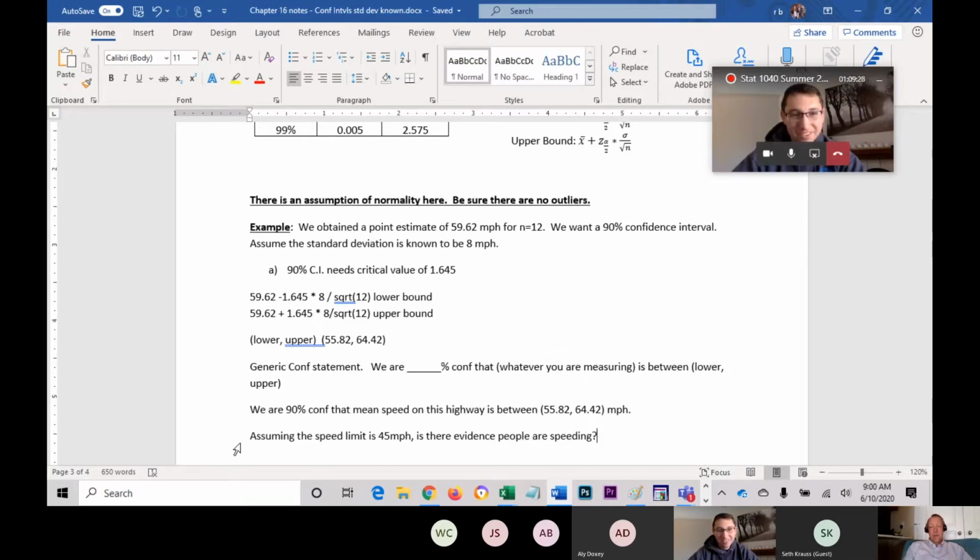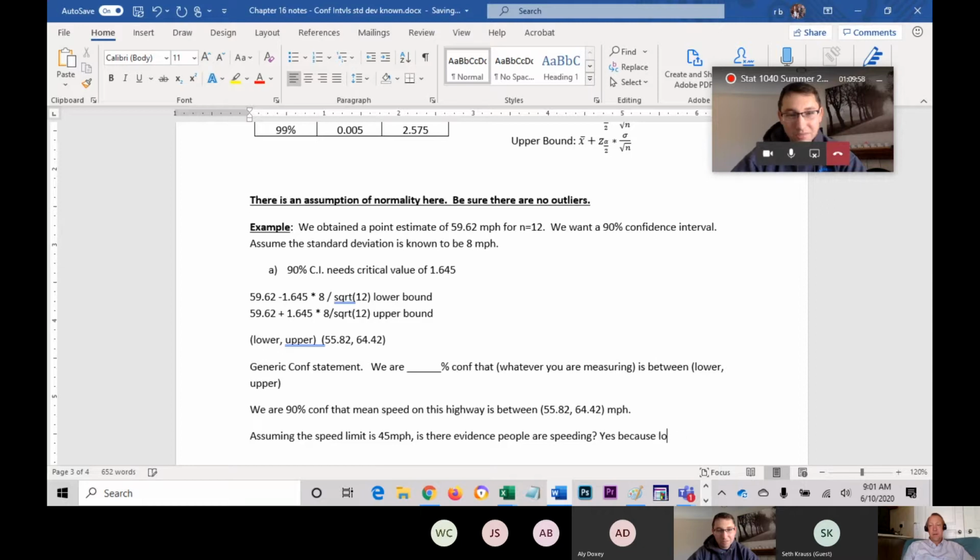Yes, because we're 90% confident that the mean speed on that road is higher than 45.